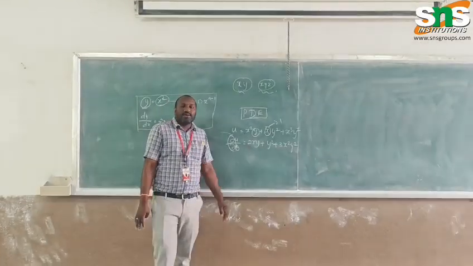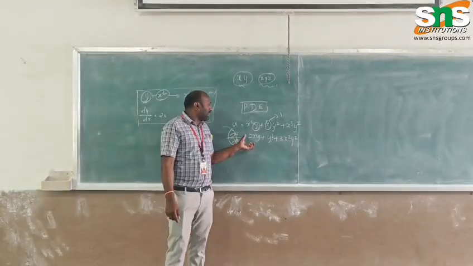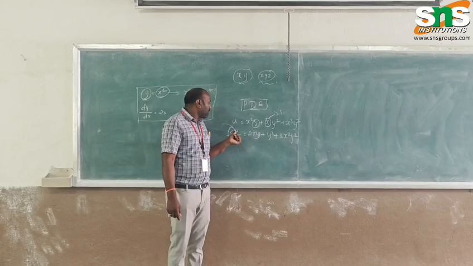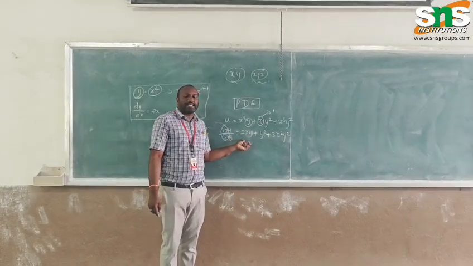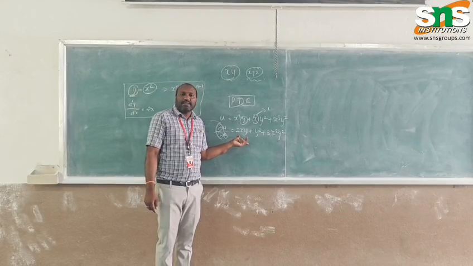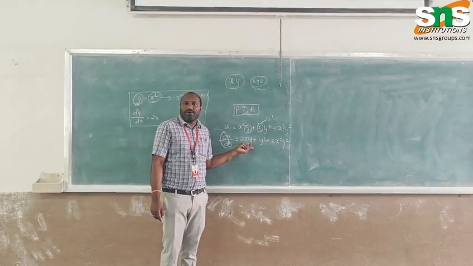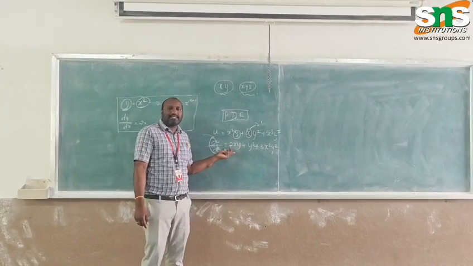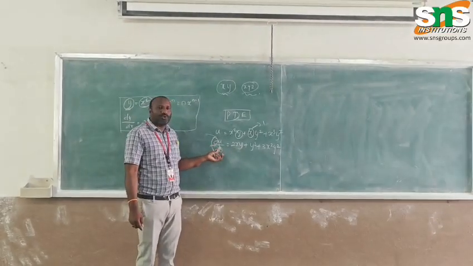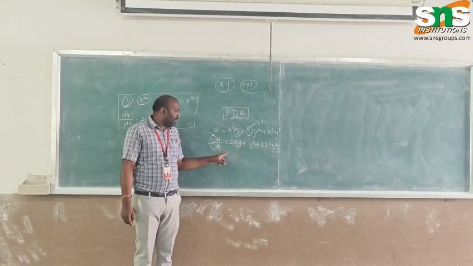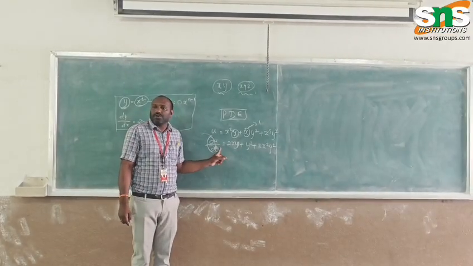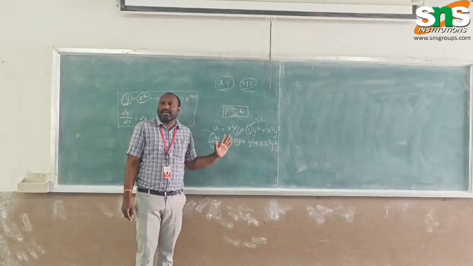So in the partial differential equation, we are using dou u by dou x. This is the main tool. There is only one hero in one movie. That is the category in dou u by dou x. We use only x in dou u by dou x, so x is the hero.